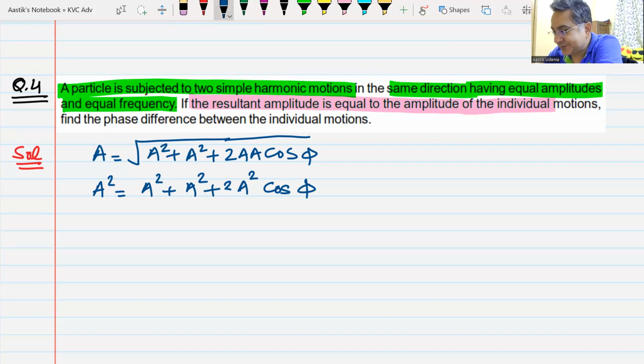Yes or no? We can solve it like that. In the under root, we can take A square as common. Yes, you can take it. So, will you get different answers? Anyway, we will come to that. From here, if I solve and find the value of cos of phi, what will I get?